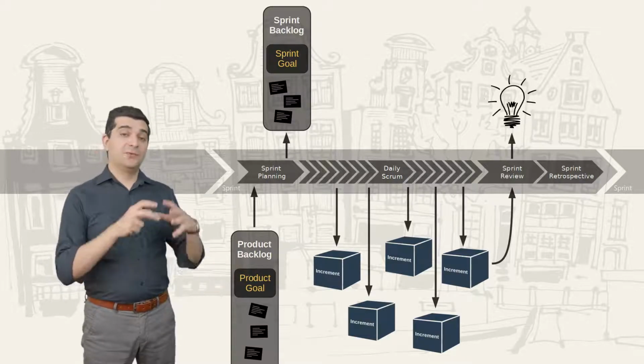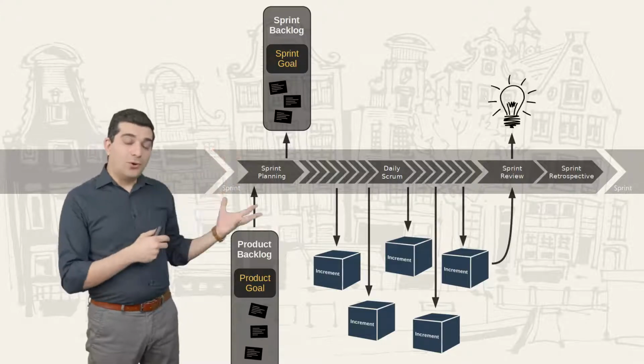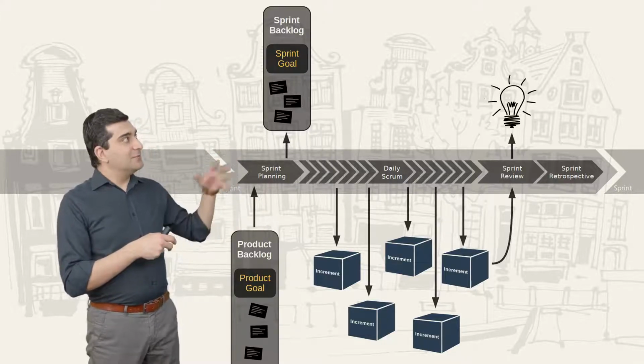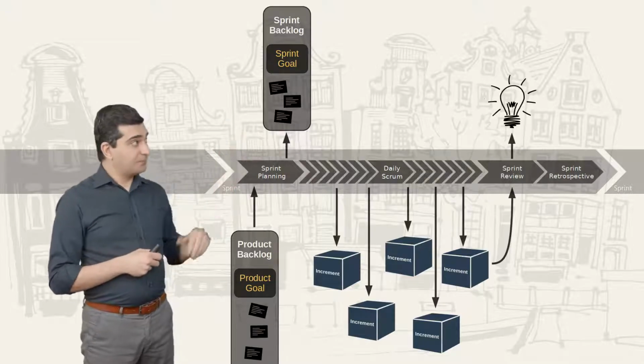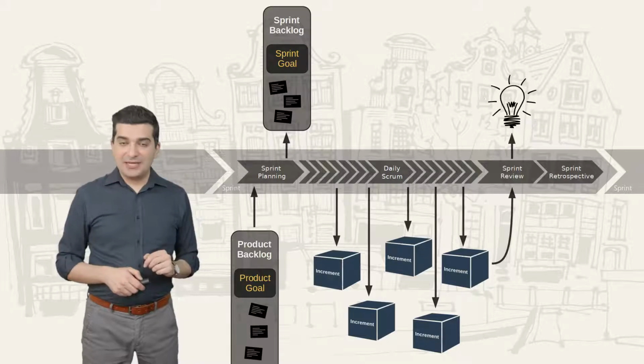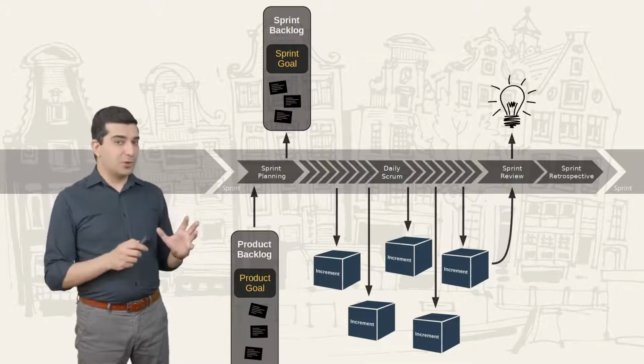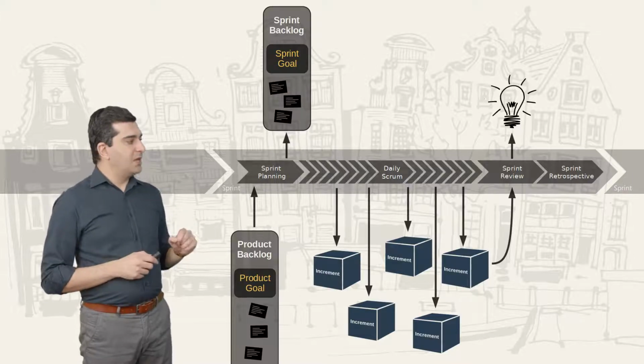If that's a good idea, you will add that item to your product backlog. The product owner will order it again, and we'll see where it lands. If it's on top of the product backlog, it will be developed in the next sprint. So that's a sprint review. It's about the product, mainly.